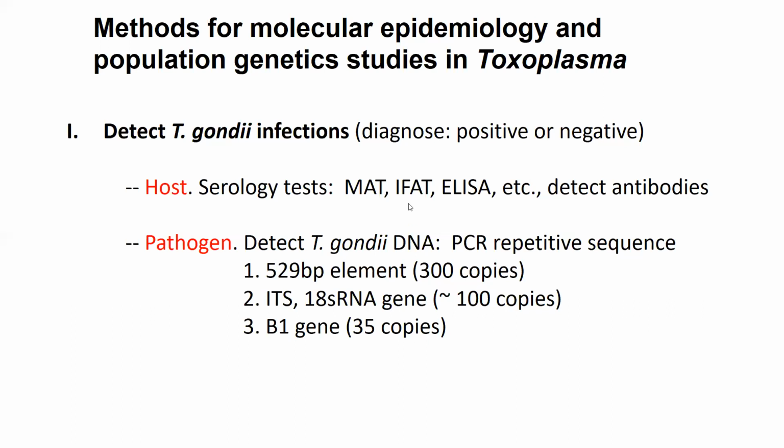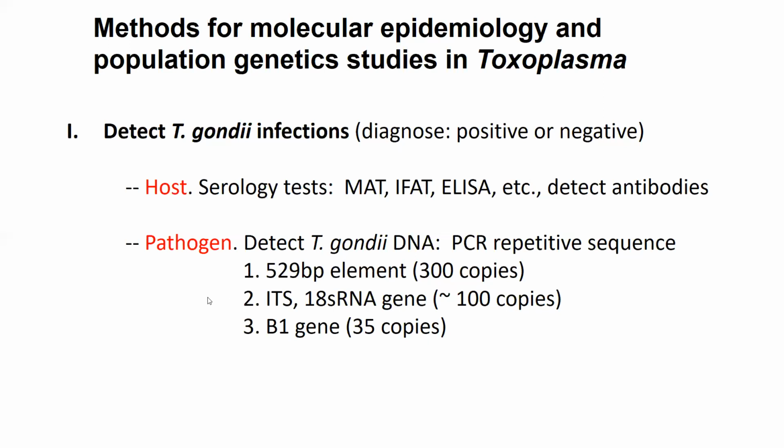Then there's an indirect fluorescent assay to test the antibodies, and also an ELISA, and other flavors of methods to detect antibodies. When there's an infection, there's an immune response to produce antibodies. If you see antibodies in the host, that implies the host was either infected before or now carries a chronic infection. So that's on the host side.